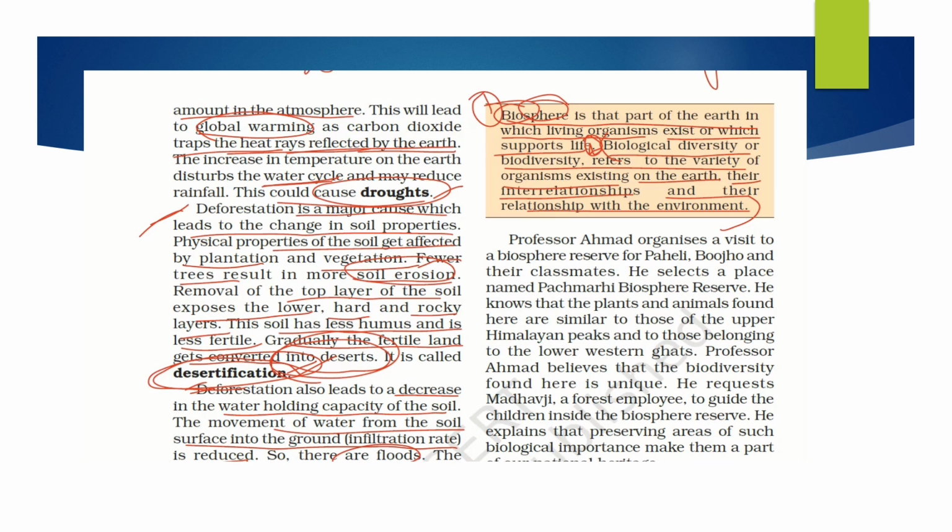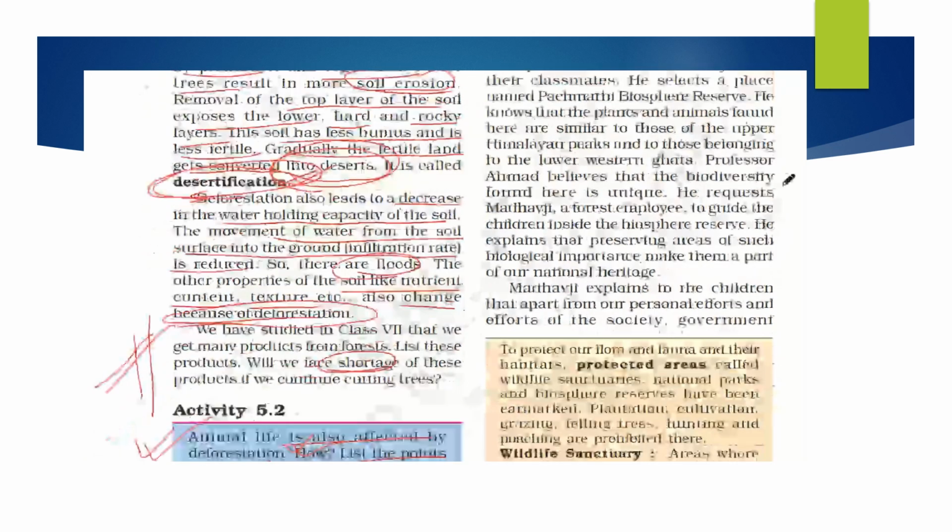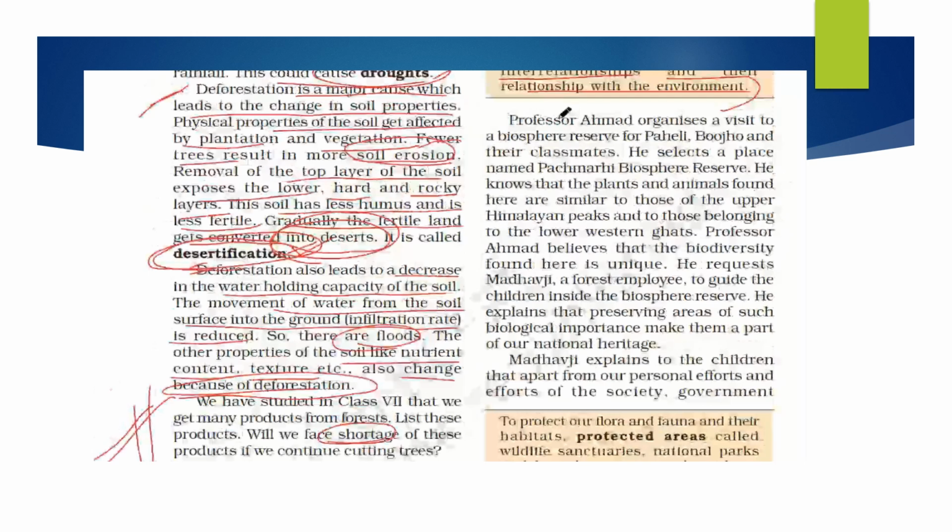So now Professor Ahmed, what is he saying? Let us see that. Now Professor Ahmed organizes a visit to the biosphere reserve for Paheli, Bujo and their classmates. He selects a place named Panchmarhi Biosphere Reserve. He knows that plants and animals found here are similar to those of the upper Himalayan peaks and to those belonging to the lower Western Ghats.